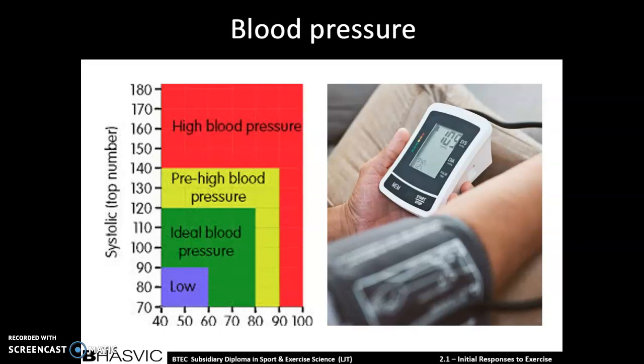If you have low blood pressure, also known as hypotension, this can be caused by heart failure or dehydration. An effect of this could be dizziness and fainting. Sometimes this can be life-threatening.